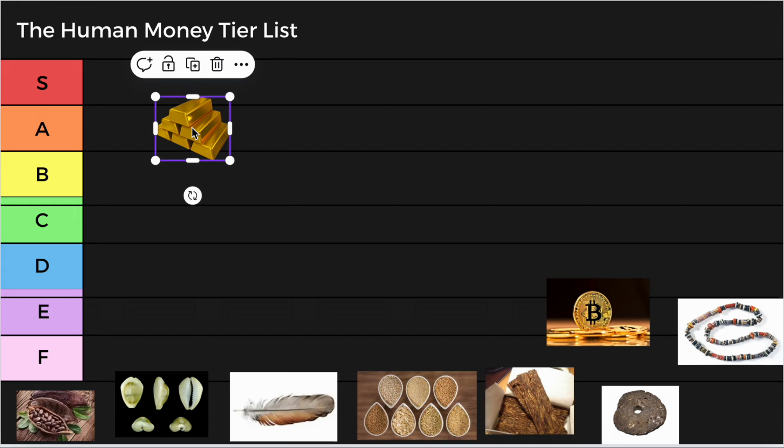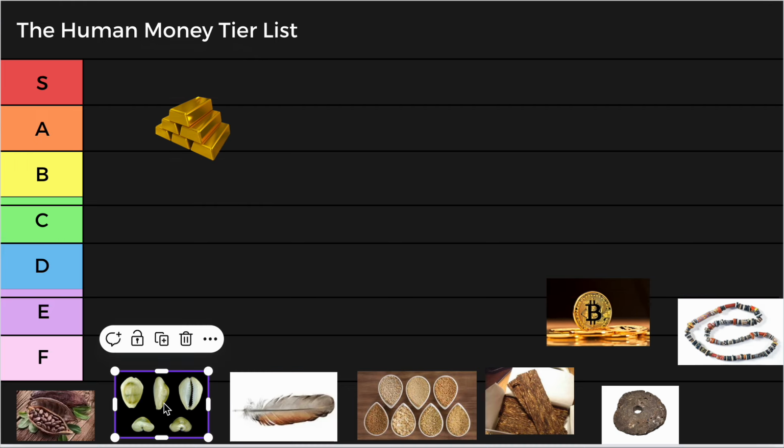Gold's very easily verifiable, even though it's very difficult to verify. You have to melt down the gold to verify that it's gold, but it does offer a good utility to others. Very aesthetically pleasing. So that's going to be A tier for sure.